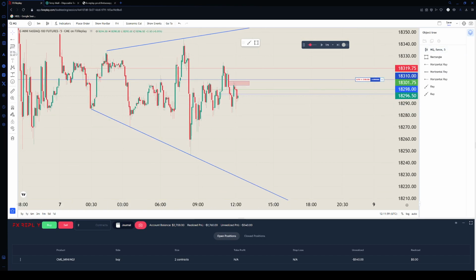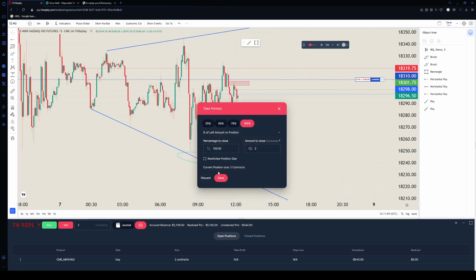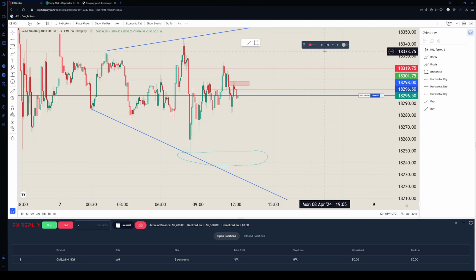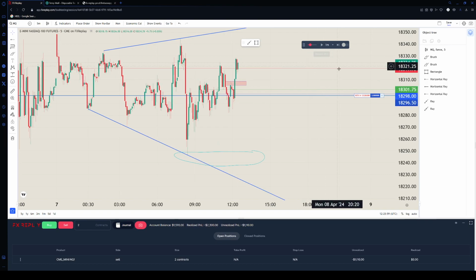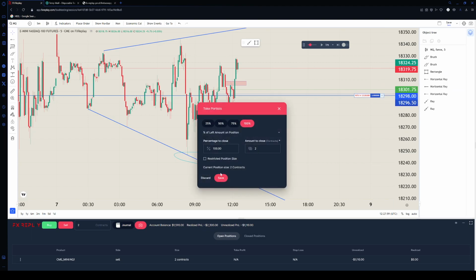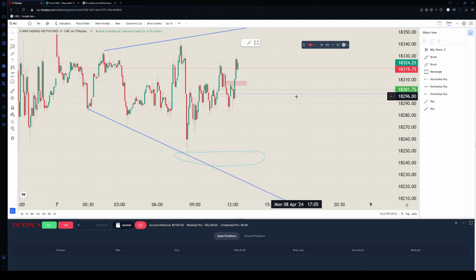I would assume, based on the information given, it's gonna go for here, right? So let's try and play the opposite. Let's say inverse this. I should have waited for the candle close. Came right back up.